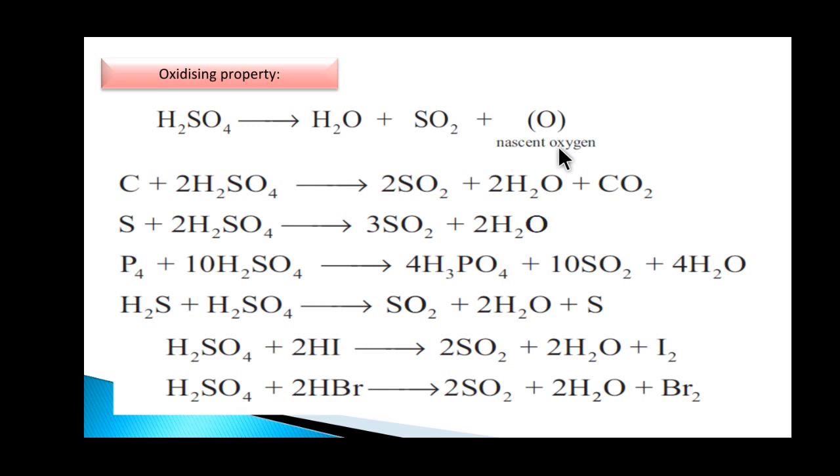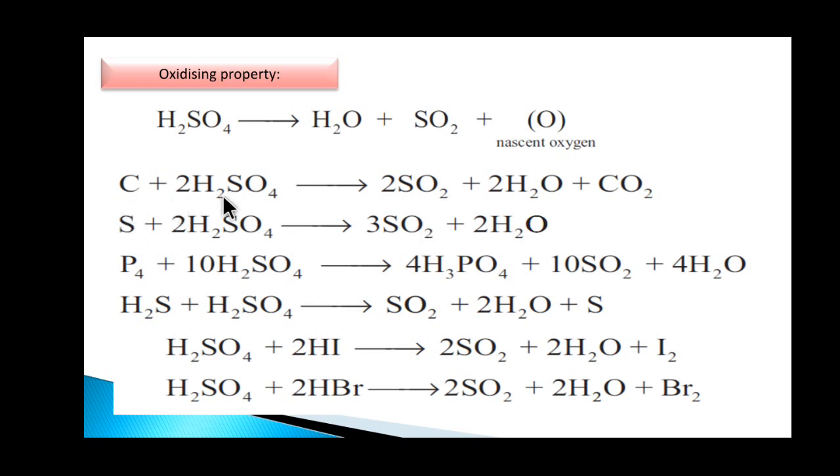And next, sulfuric acid oxidizes elements such as carbon, sulfur and phosphorus, and also their oxides, and converts bromide and iodide to bromine and iodine respectively. For the reactions: sulfur reacts with sulfuric acid, it forms sulfur dioxide, so sulfur is oxidized.